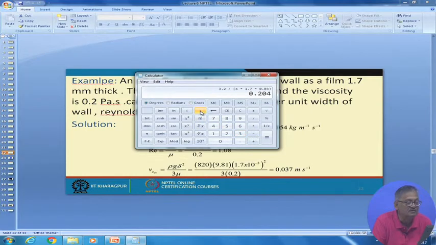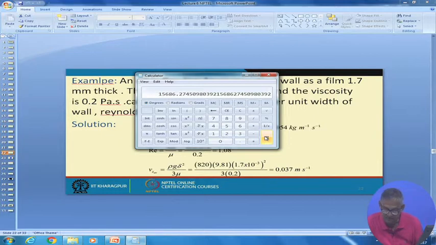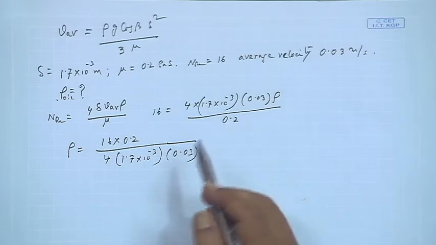right. So this becomes this, and so this is this times 1000, right. So much kg per meter cube, then somewhere something wrong might have been done, right.